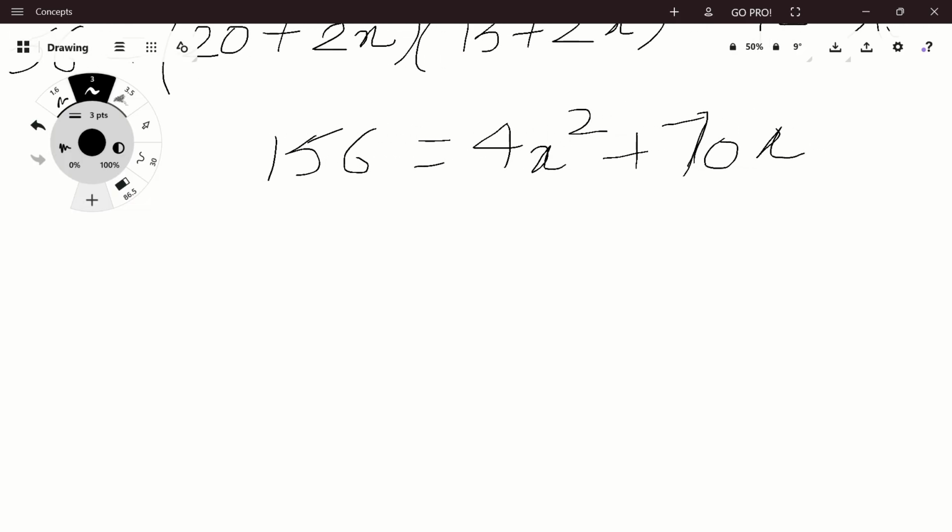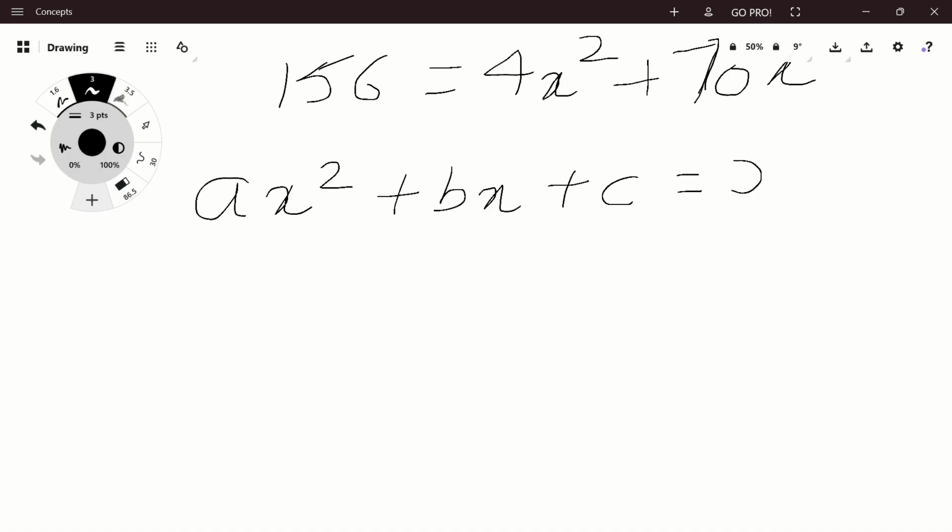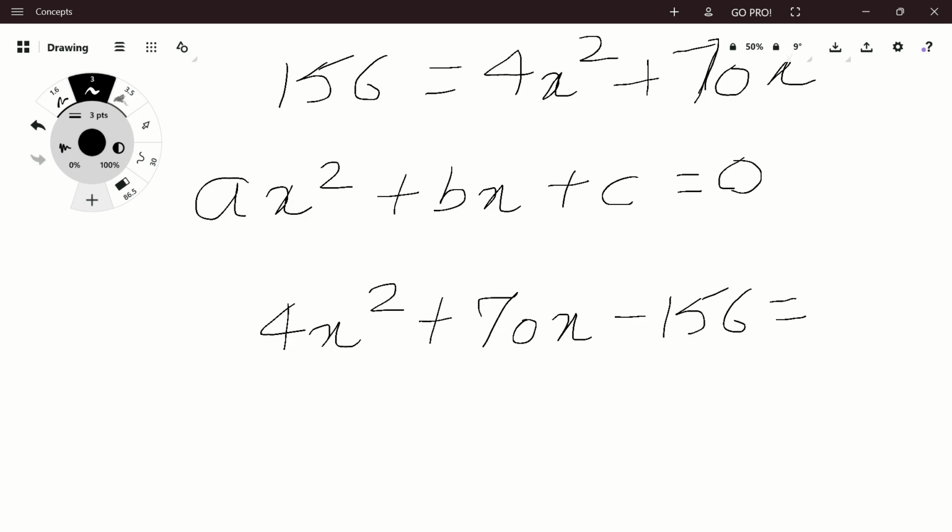Rearranging it into standard quadratic form, ax square plus bx plus c is equal to 0, we get 4x square plus 70x minus 156 is equal to 0.